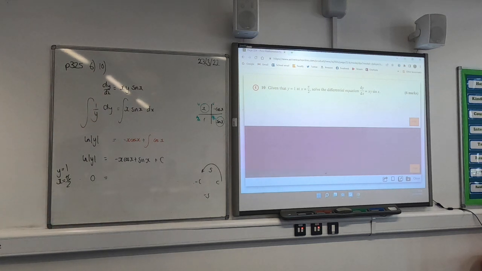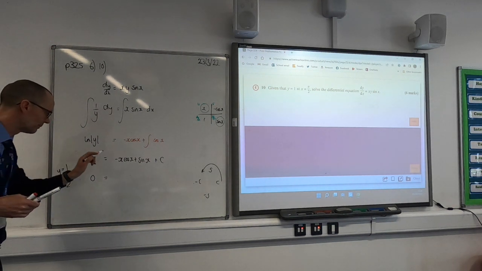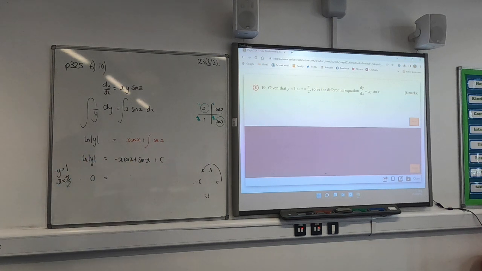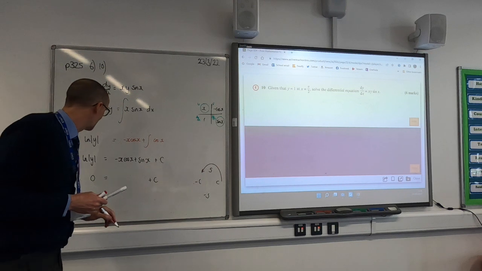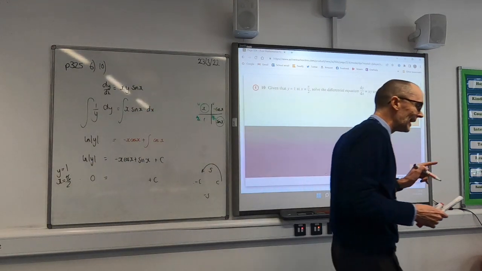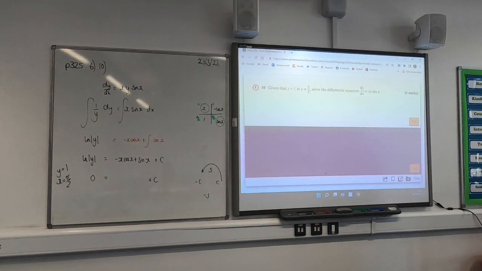It makes sense to leave it in ln form rather than exponentiating it. If we did, we'd still get the same answer. So I'm going to make x equal to pi over 2 in that and work out the value of c, and then I'm going to leave it in ln y equals form for my final answer.